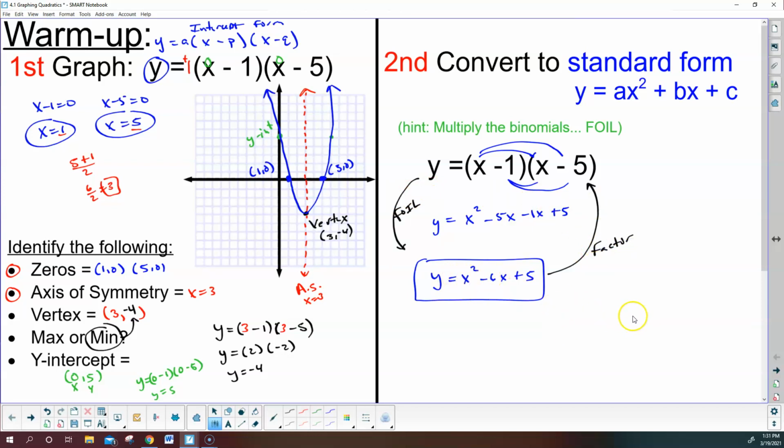So if I tried to factor this using the box with the circle in a method or any other method that you've learned, when you factor this, you'll end up right back where you started. And notice that's just kind of an inverse relationship. Expanding, FOILing will undo factoring and vice versa. So what does that mean? That means that if you would like, you can float between graphing via standard form or graphing via intercept form.